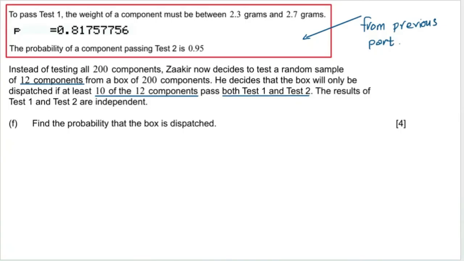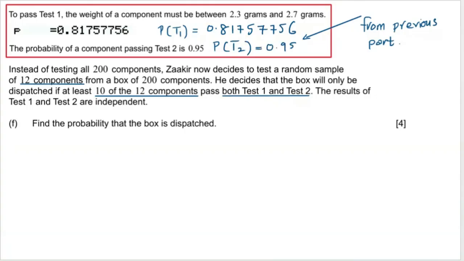To pass test 1, the weight of the component must be within 2.3 and 2.7 grams, and I got that answer from the GDC. The probability of the component passing test 2 is already given, which is 0.95. So let's call the probability of T1, test 1, 0.81757756. I'm using the unrounded one, and the probability of passing test 2 is 0.95.